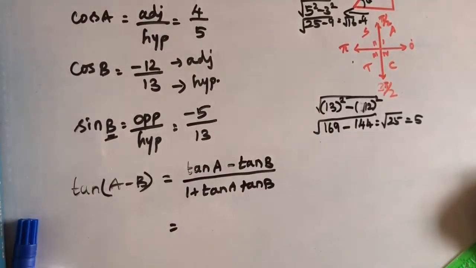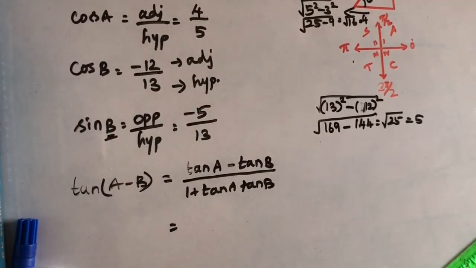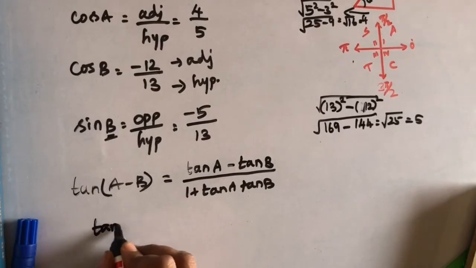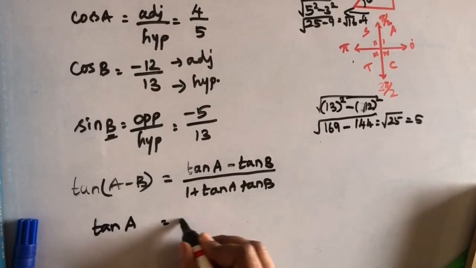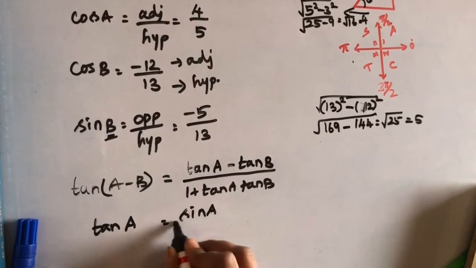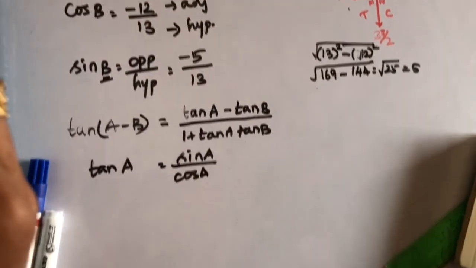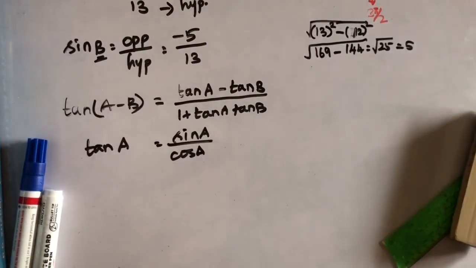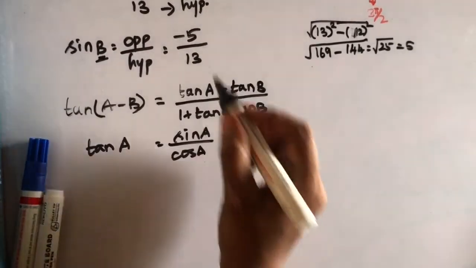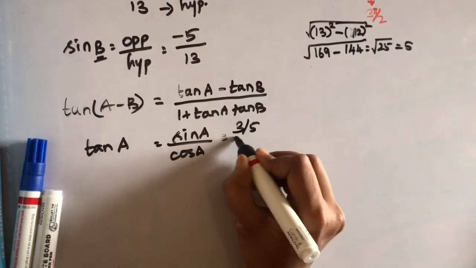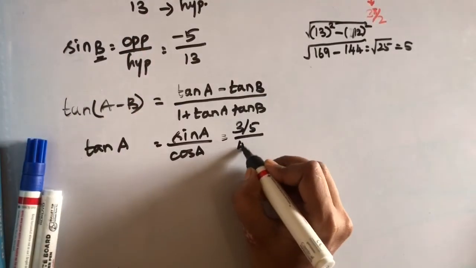For this you have to find tan A, isn't it? Tan A is equal to sin A by cos A. Sin A is 3 by 5 divided by cos A is 4 by 5.